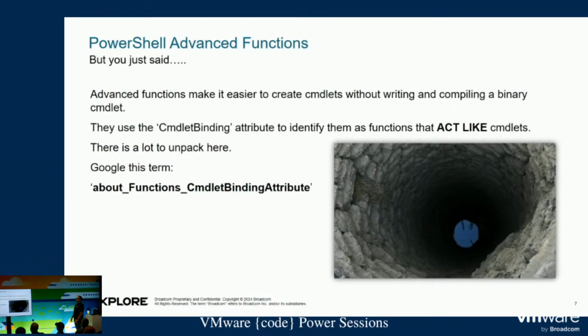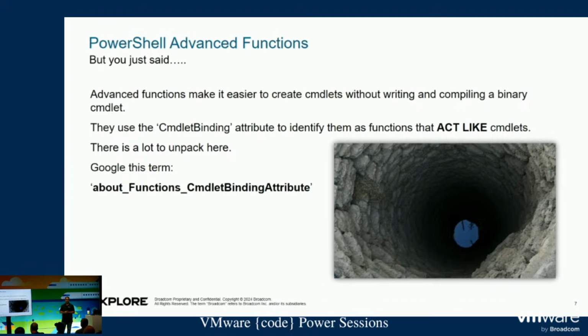All right, advanced functions. They just make it easier to create cmdlets without compiling anything. Is that confusing? A little bit, right? Because we just talked about not compiling functions. They use a CmdletBinding attribute so that they act like cmdlets.